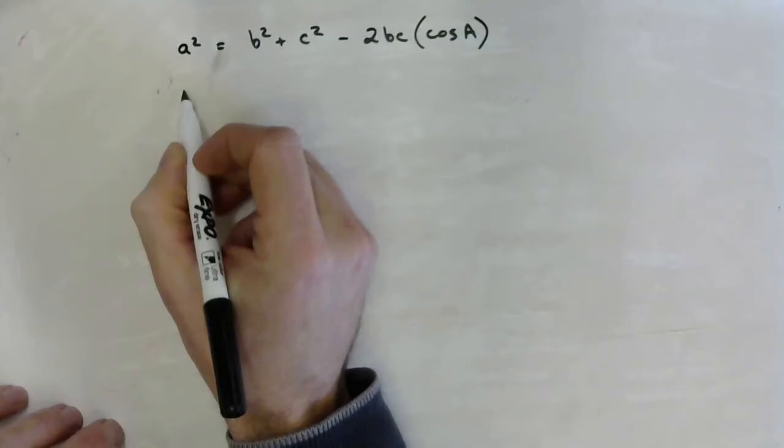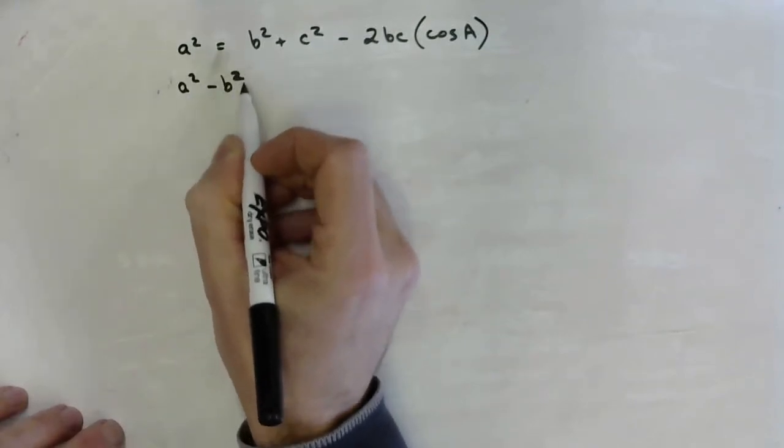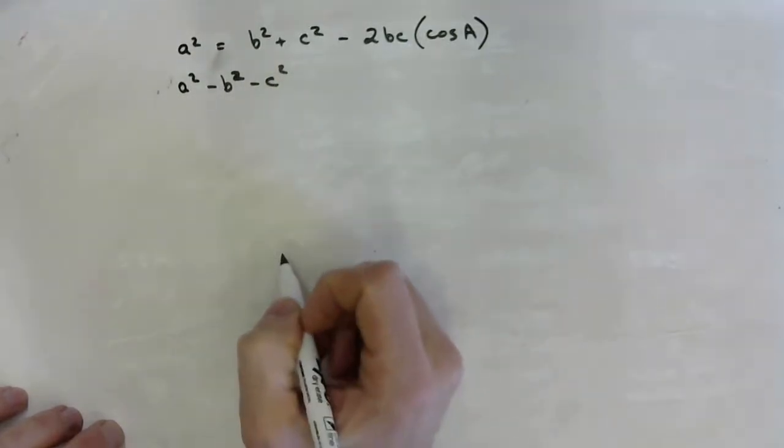Over here on the left, that's going to give me a squared minus b squared minus c squared.